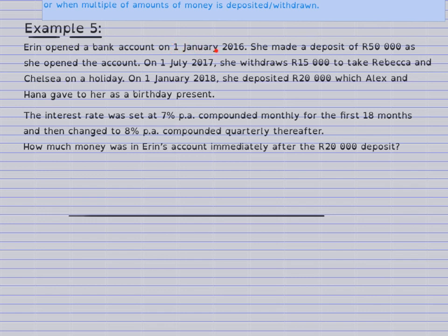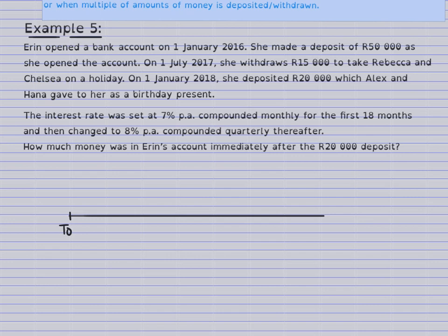It started on the 1st of January 2016. And we're looking at what happened on the 1st of January 2018, just after that 20,000 Rand deposit. So you agree with me, 2 years have passed. So I make labels. I make little notches.